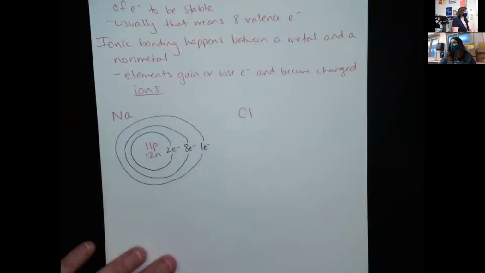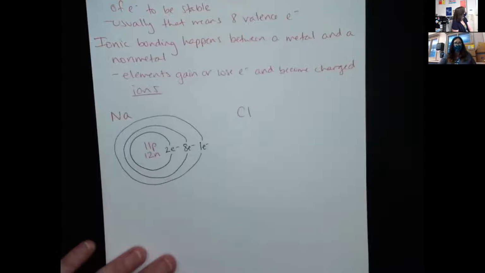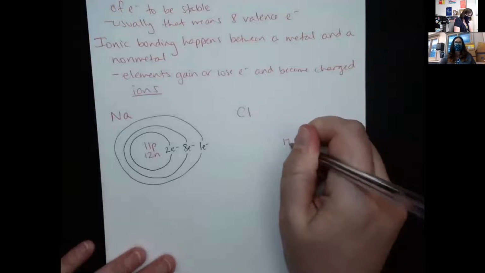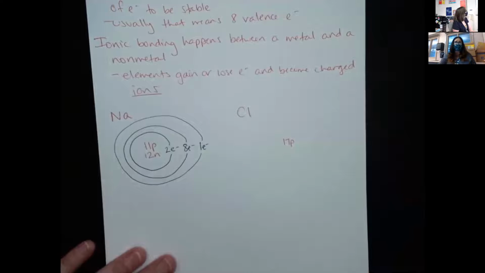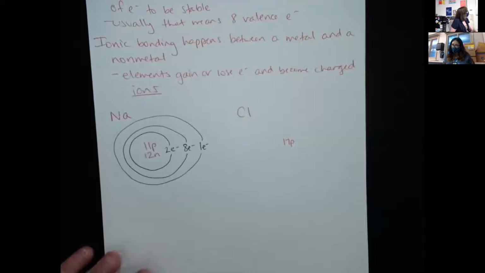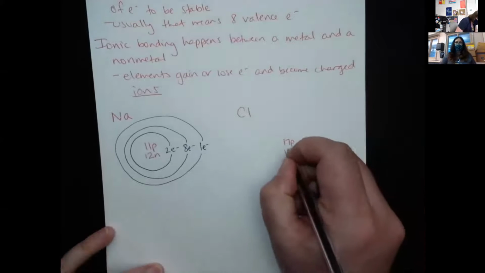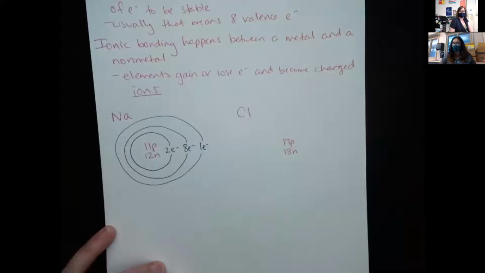Now let's make chlorines and then we'll talk about them. How many protons does chlorine have? 17 protons. How many neutrons does it have? We look at the bottom number, which is 35, so 17 plus 18 equals 35.